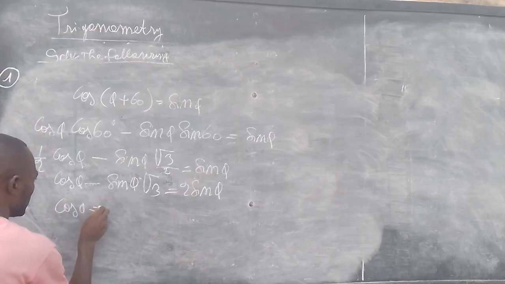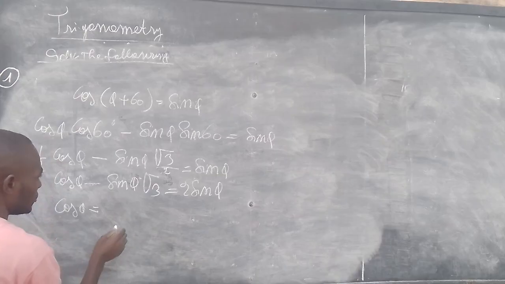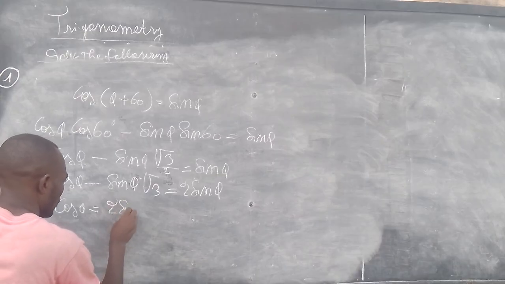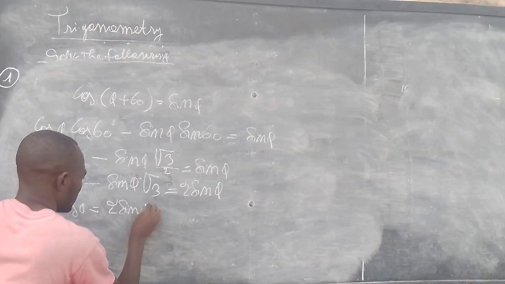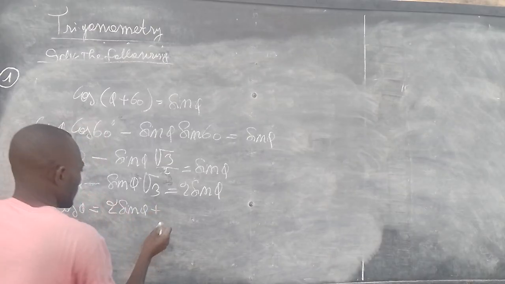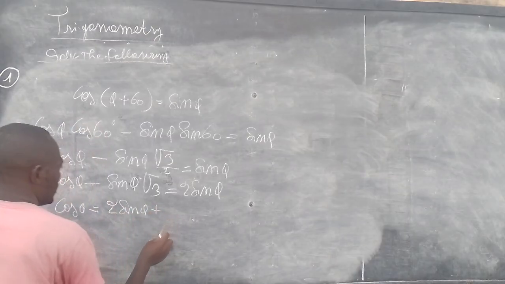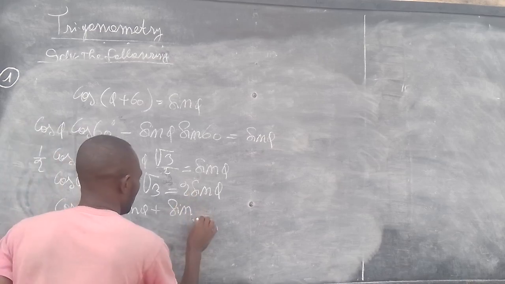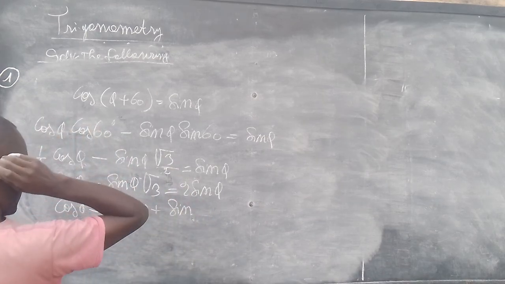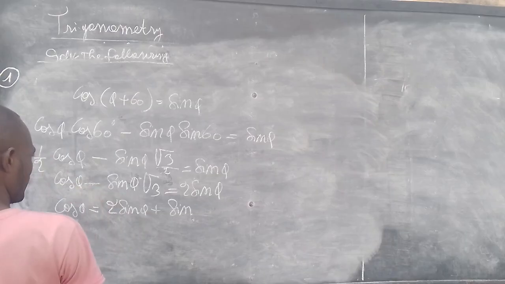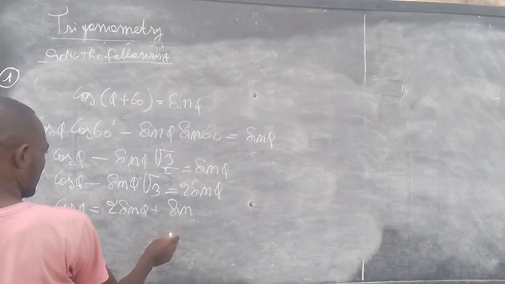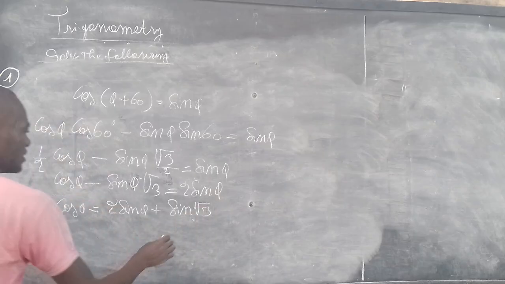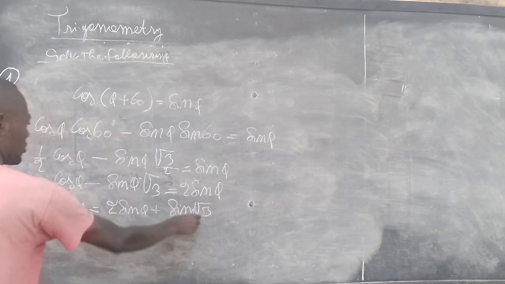Cosine 5 will be equal to 2 sine 5 positive sine 5 square root of 3.